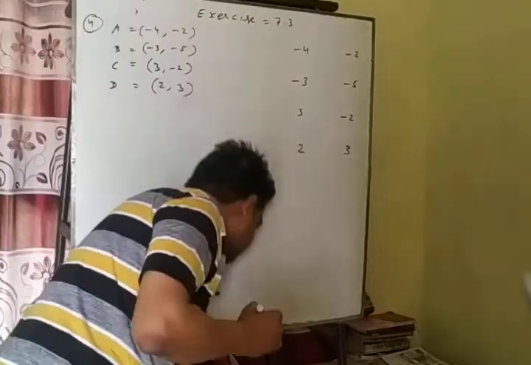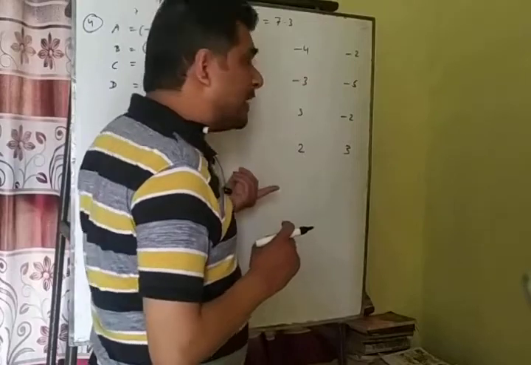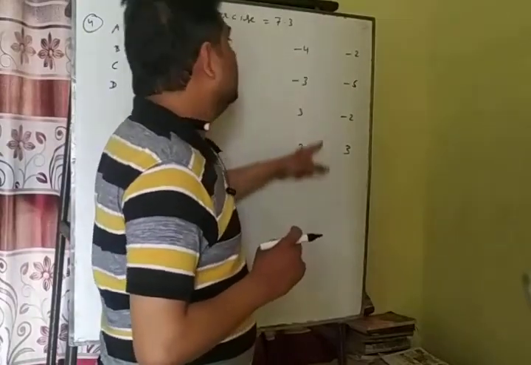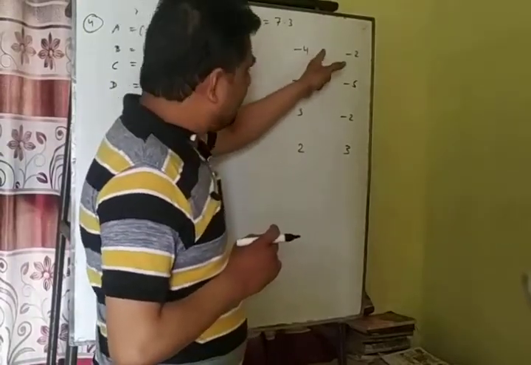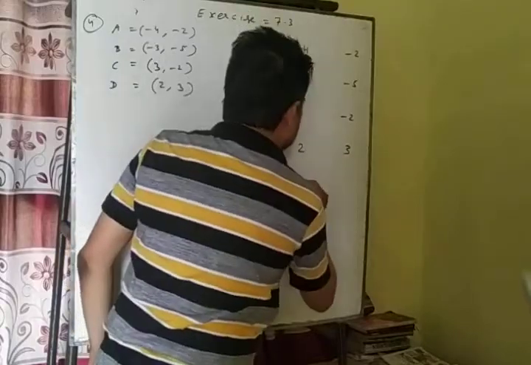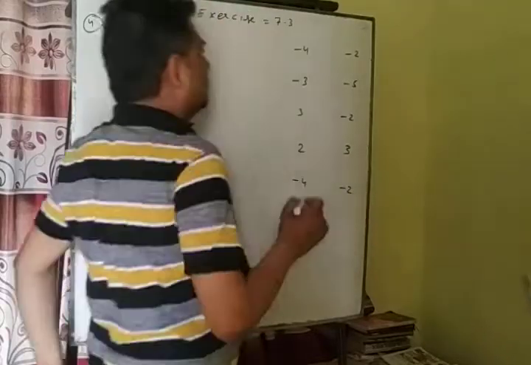Area of quadrilateral. These are four sides. If it is a triangle, we write the first point again; if quadrilateral, then also this side again. We write again -4 -2.